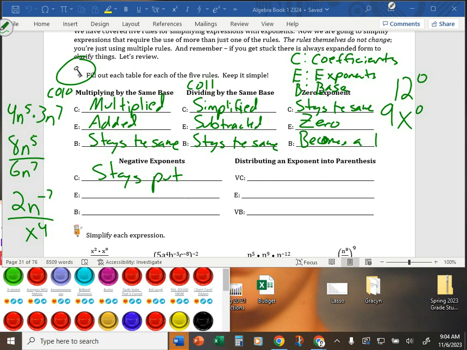The exponent moves and then becomes positive. Okay? Moves and becomes positive. Where does it move to? Just the other part of the fraction. Remember, a negative exponent simply means it's in the wrong part of the fraction. Okay, so we move it, we make it positive.